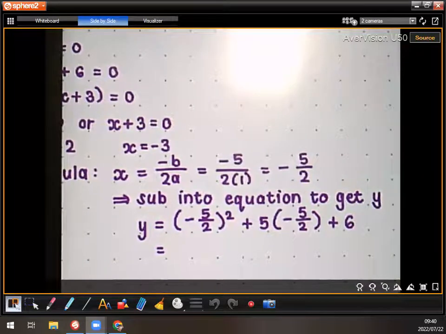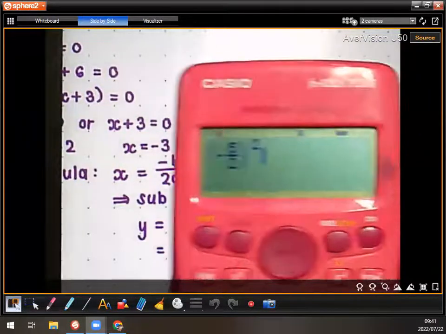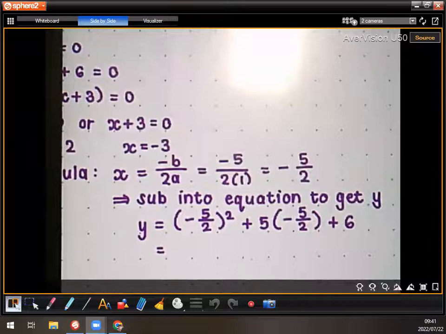Yes, so if there was another value, it's 2 times the magnitude. But you just type it into the calculator. Plus 5 times negative 5 over 2, and then plus 6.